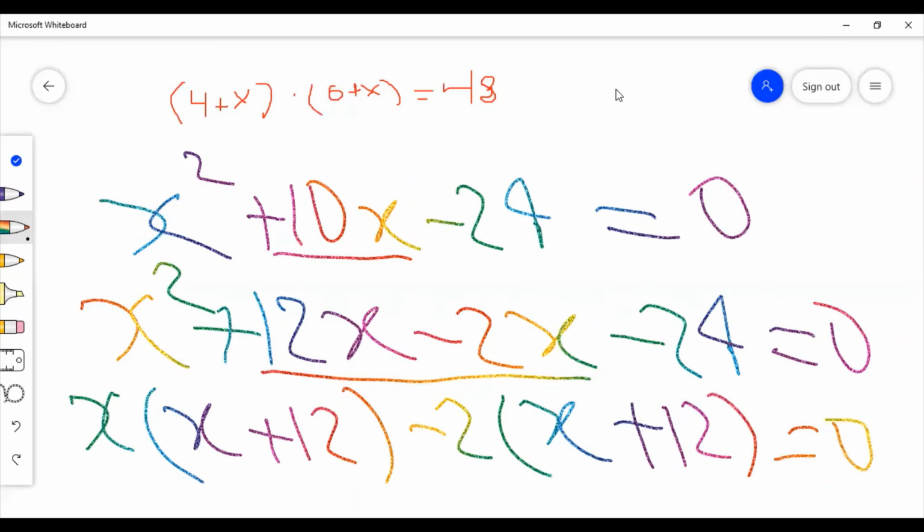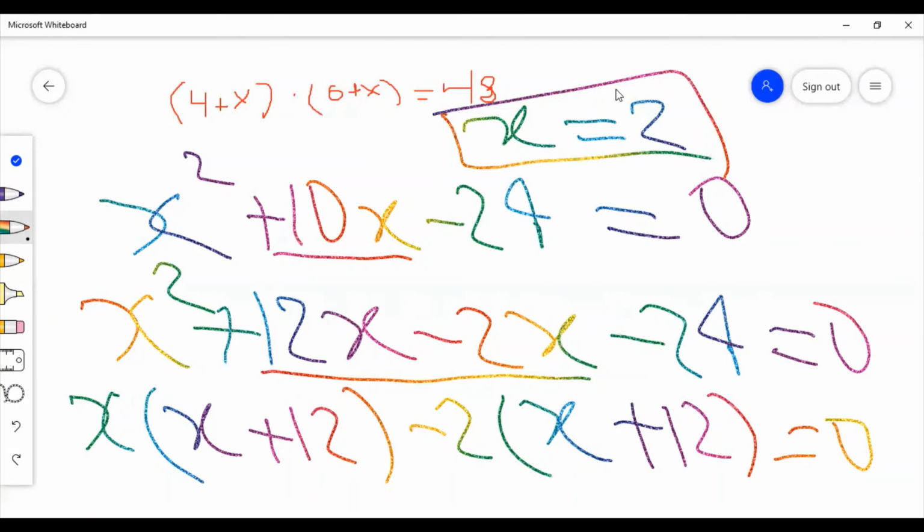Okay. So you can get x is equal to 2 and x is equal to minus 12. If you are ignoring negative dimensions, that is not possible, so you will get x is equal to 2. Am I right? Are you with me? Yep. Okay.